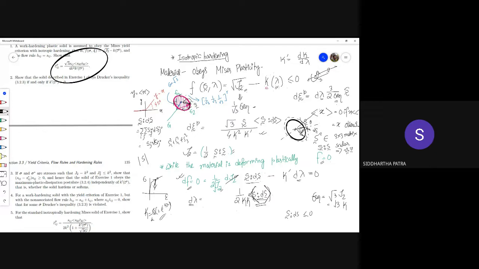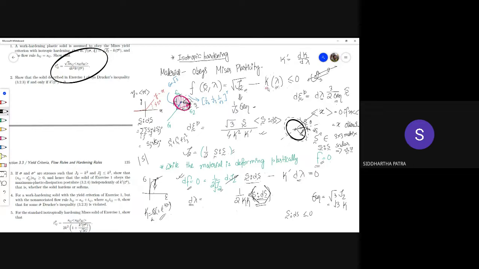That unloading would be elastic in nature, which means f is no longer equal to 0. If you were to move outside, k also increases and adjusts itself, so that as J2 increases, k also increases and makes f equal to 0. But if you try to reduce J2 by providing a ds in the negative direction, because dJ2 is s inner product ds, and if this quantity is negative, then J2 is reducing.